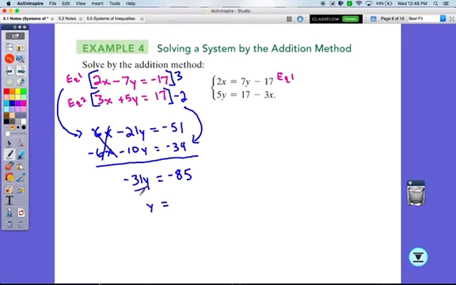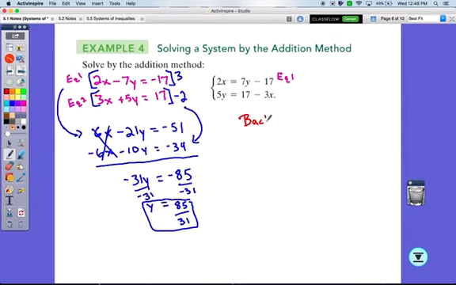Since they're both negative, make sure I did this one right. Yeah. y ends up being a positive 85 over 31, which unfortunately does not simplify. All right, so now I've got to back substitute.